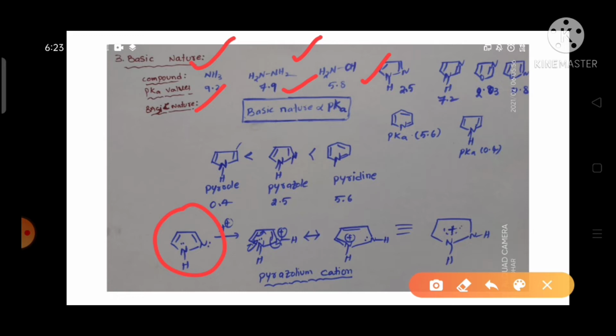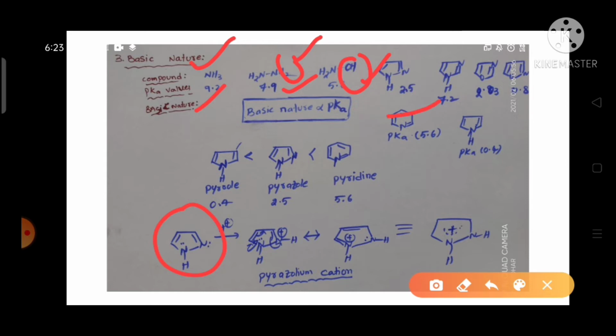So here we know very well that oxygen is more electronegative than the nitrogen. So as a result, the hydroxylamine pKa value is less than the pKa value of the hydrazine. As a result, its basicity decreases. And here we have to remember that basic nature is proportional to the pKa value. So here ammonia is strongest, and the pKa value of the pyrazole is 2.5 only.